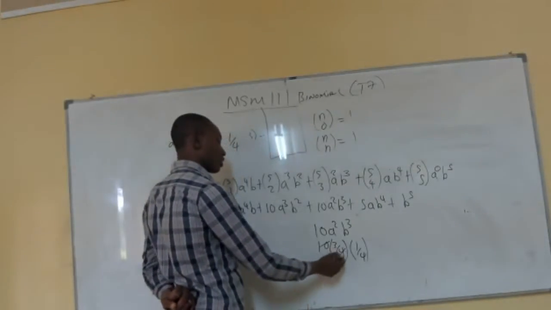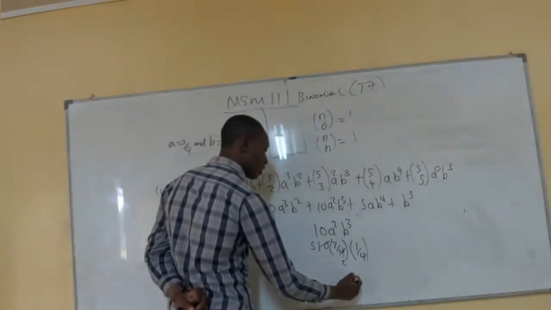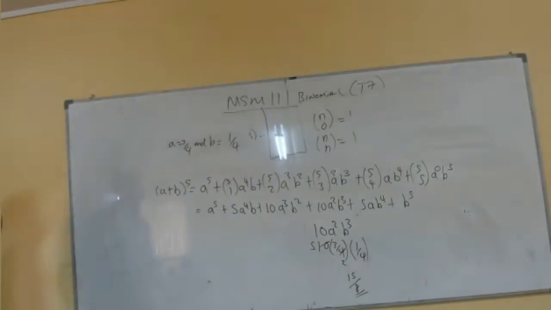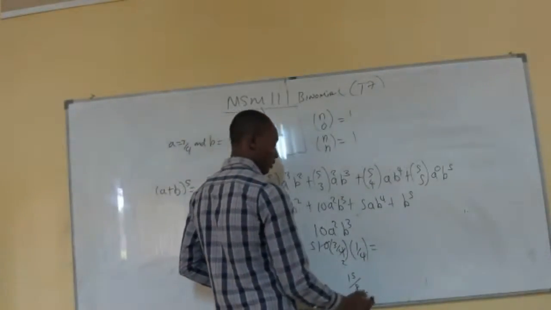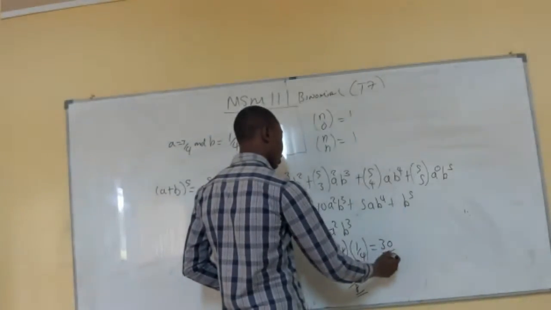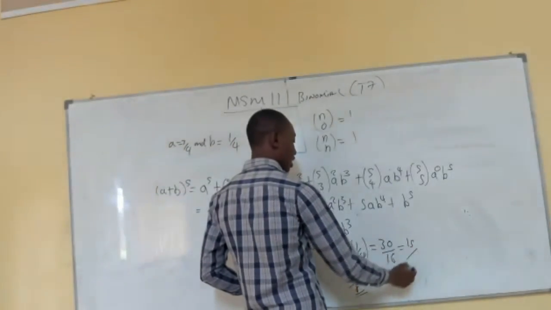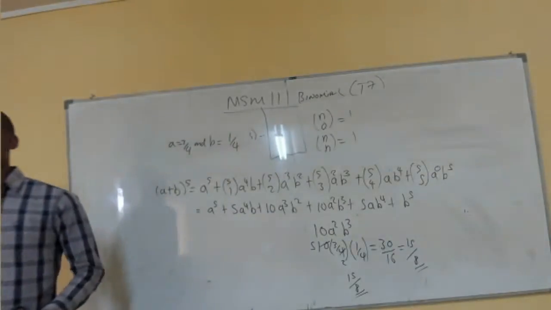This can be reduced, and we end up with 15 over 8. Others would have written it as 30 over 16 if you went directly, but 2 goes into 30 15 times and into 16 8 times, so it still goes back to 15 over 8.